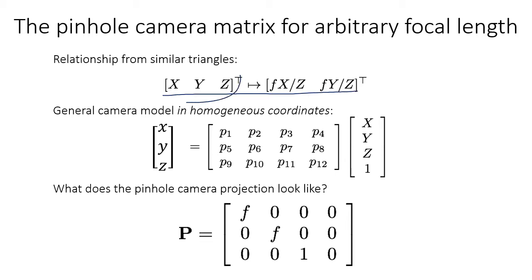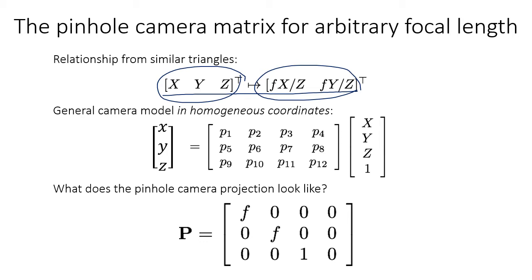So the 3D point in the world coordinate is projected to this 2D point in the image coordinate, with value f multiplied by x over g and f multiplied by y over g.